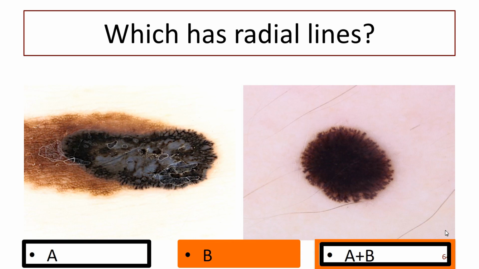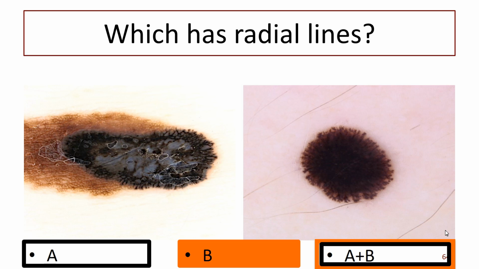Well, what about radial lines? Radial lines are lines coming out from the centre. Which of these two has radial lines? Okay, very good. Most people have selected both, which is great. If you haven't, please select both. Emily? Ruth? What did you think?